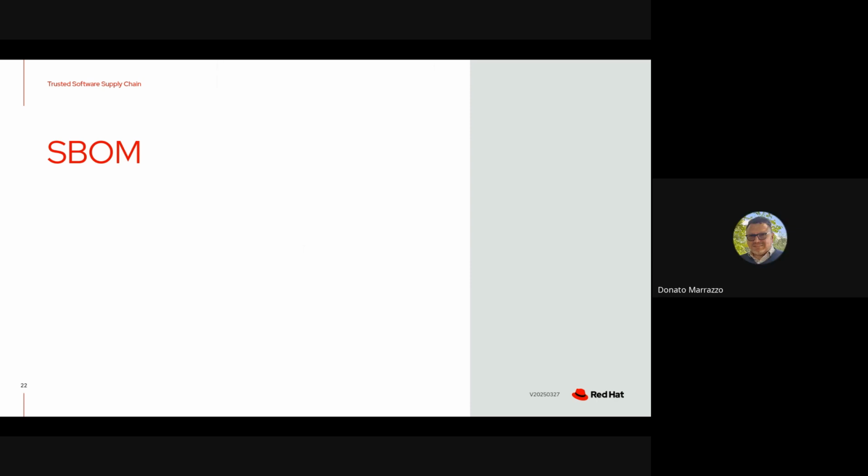Exactly. Okay. So it means that later on, if you want to use this image, because when you create the image you are probably in development, right? Later on, if you want to deploy that image in production, you can verify that actually it's not an image that has been modified. Okay.